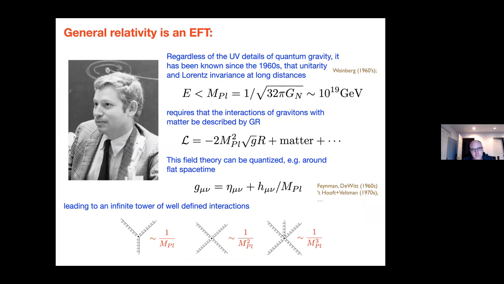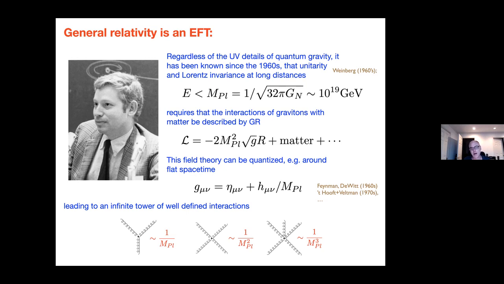it's been known for a long time now that on the basis of general principles like Lorentz invariance and unitarity and so on, even though we don't know quantum gravity in the ultraviolet, we know that in the infrared, the interactions of gravitons are described by the Einstein-Hilbert Lagrangian.